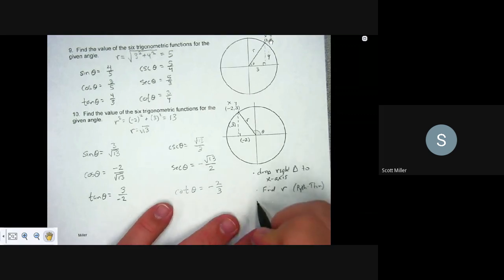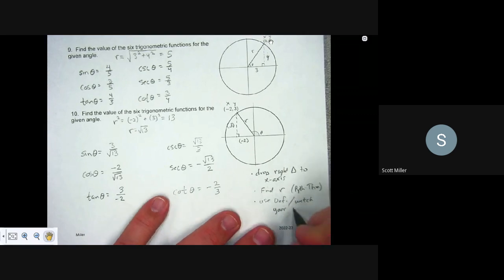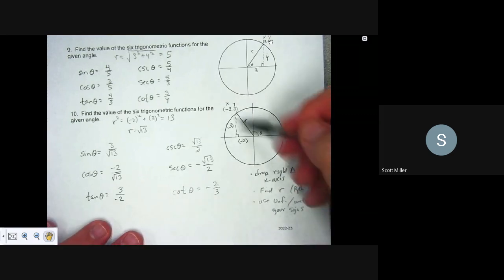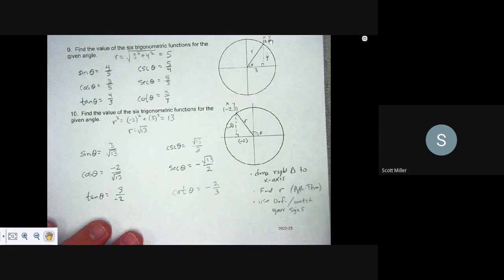Okay, and then use the definition. Watch your signs. That's usually the number one mistake people make, is they forget about the signs, that they're in quadrant 2, that the x has to be negative. Okay, so the signs are usually off.